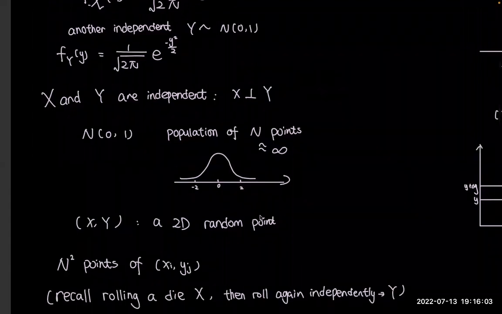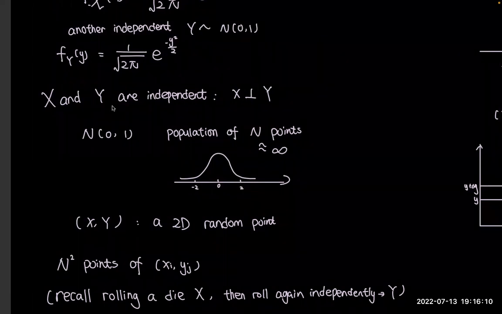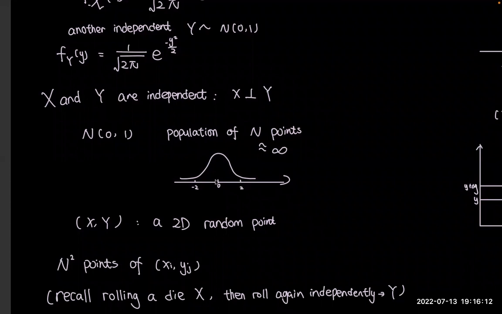And generating two random variables x, y independently from the same density means that you sample one point from this population, and this is your x. And then you put this point back, and then you sample another point from this population, this is your y. Okay, so that's the idea for generating two random variables. It's like you just randomly sample two people from the big population of 300 million people.